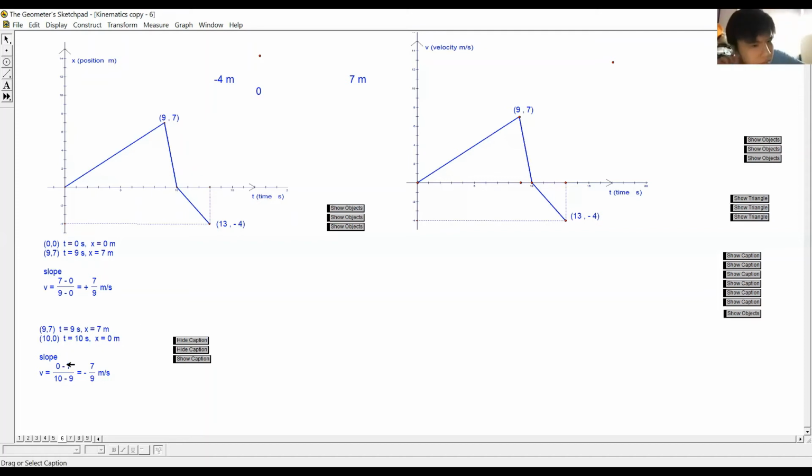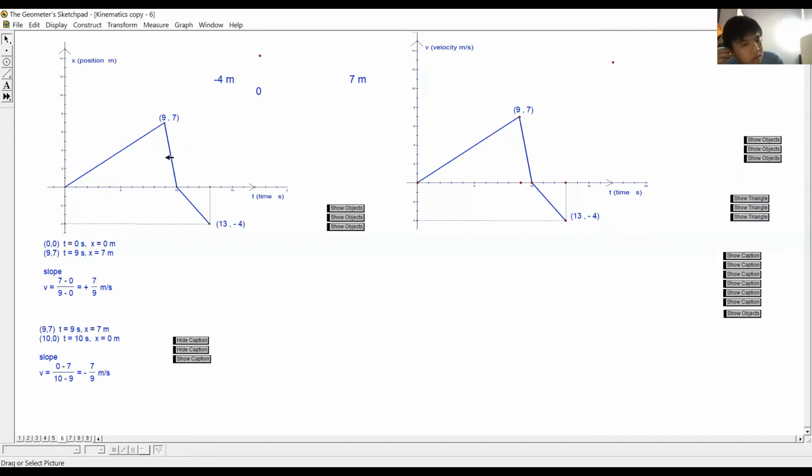So you arrive at negative 7 over 9. What is the unit? You refer to the y-axis in meters and the horizontal axis in seconds, so it is meter per second. And this negative 7 over 9 meter per second means what?